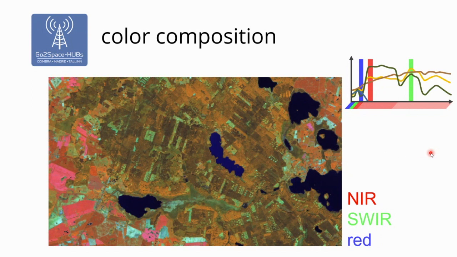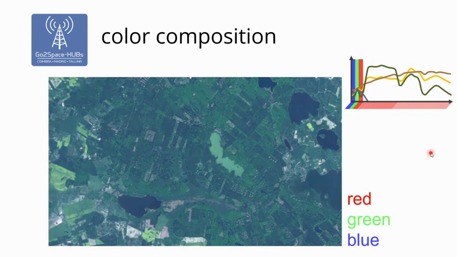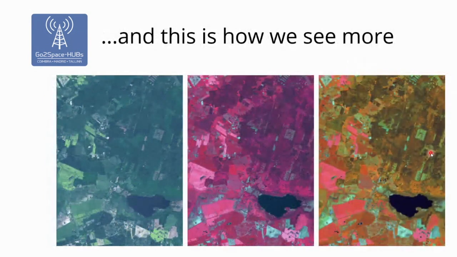So using this composition, we can learn much more about the object, about the Earth surface, than using this one, even if at the beginning this might be much easier to read. So this is how we can see more using those additional invisible bands of the spectrum.